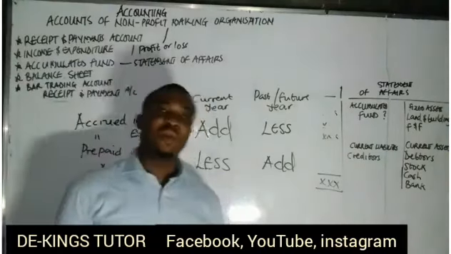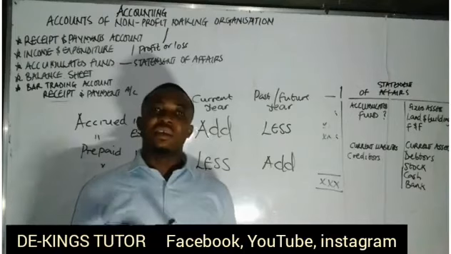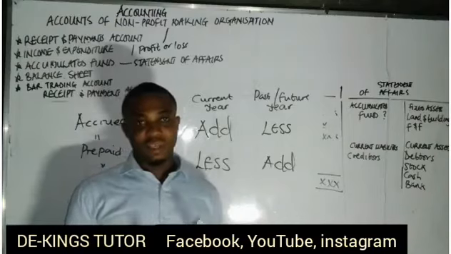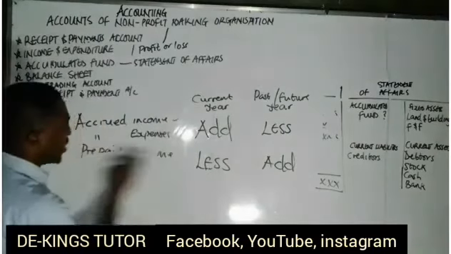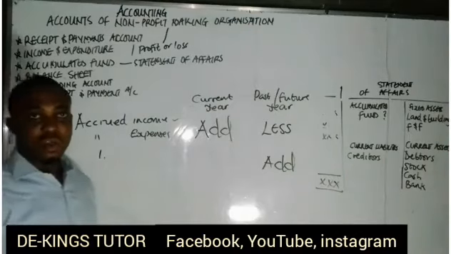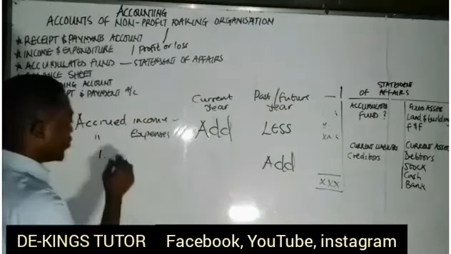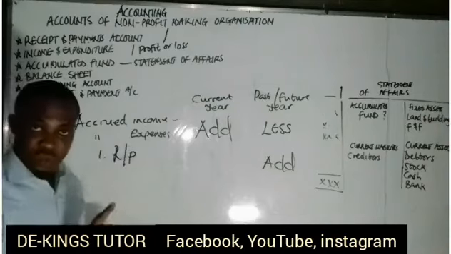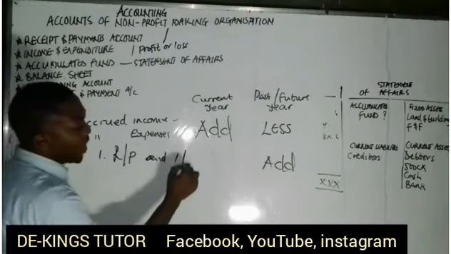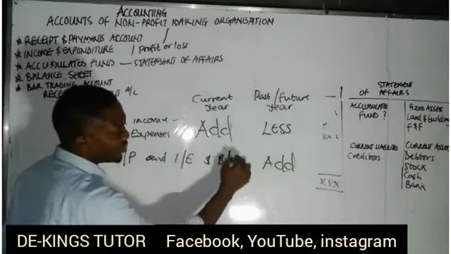Okay. Now, for students preparing for different levels of exam, if it is WAEC or 100 level, all that. There are 3 ways in which a question might arise from accounts of non-profit making organizations. The first one: you might be given a generalized question, either from a trial balance or so, and you're asked to prepare the receipt and payment account, income and expenditure account, and balance sheet.